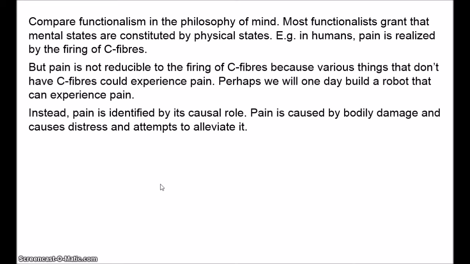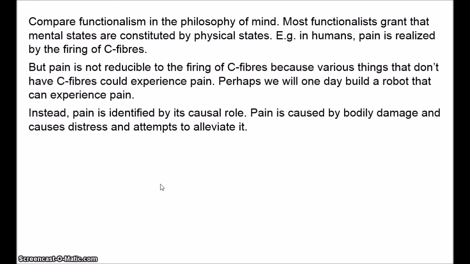In humans, that's the firing of C fibres. In humans, the firing of C fibres is caused by bodily damage and causes distress and attempts to alleviate it. But in robots, it would be some state of the transistors and silicon chips. In robots there would be bodily damage, and that would cause a certain state in the transistors and silicon chips, and then that state would have various other causes and effects.